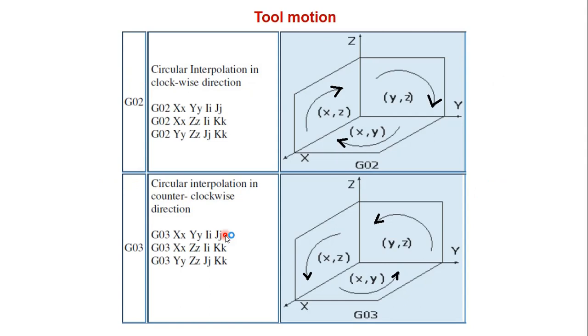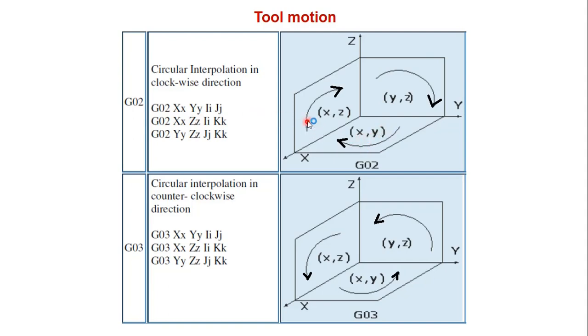Before going into more detail, let's first understand what G02 is. G02 is nothing but circular interpolation in the clockwise direction, and if it is the anti-clockwise direction we have to use G03. The command says G02 with X and Y coordinates if you are using the XY plane.